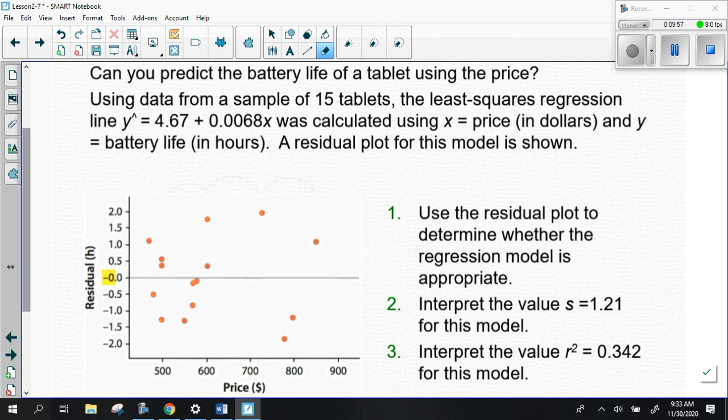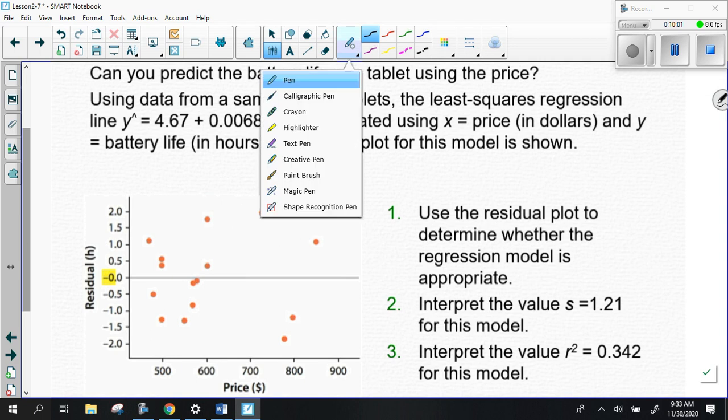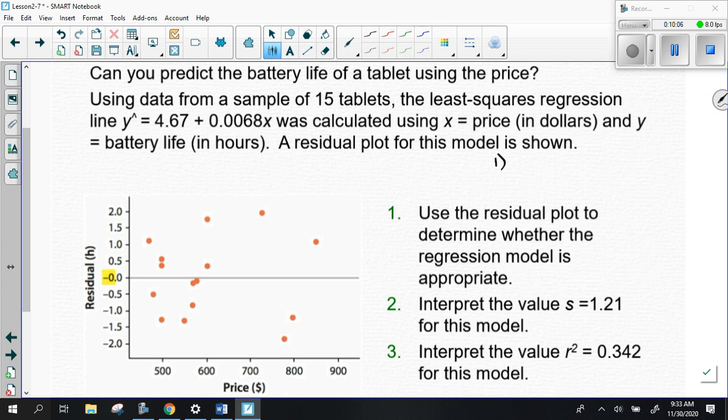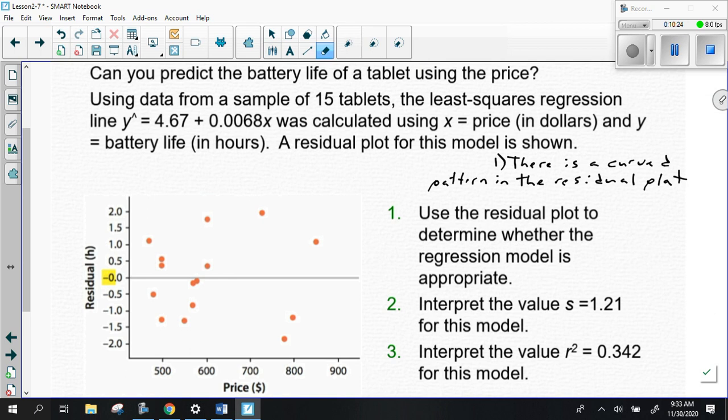So for the answer to number 1, I would say there is a curved pattern in the residual plot. It is not appropriate.